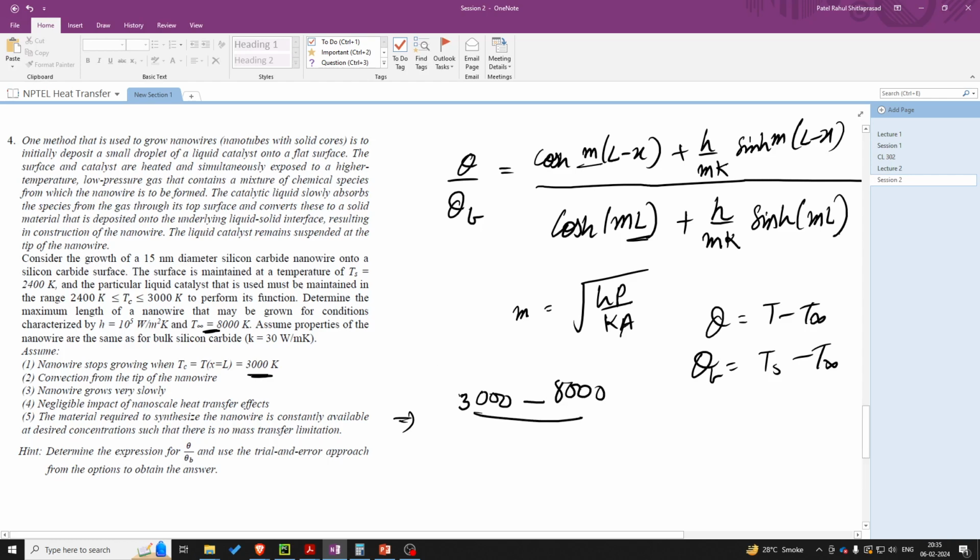The temperature of the surface is given as 2400 Kelvin minus again T infinity. So this will be equal to this entire term. So you can just find the value of the square root of hP upon kA.